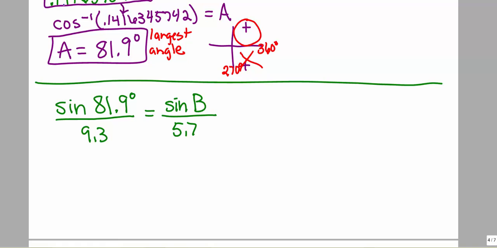And once again, we won't have any ambiguity here as well, because we know that the angle B has to be smaller than 81.9. Alright, so we're going to multiply both sides by 5.7, and we get sine B is equal to 5.7 times sine of 81.9 degrees divided by 9.3.